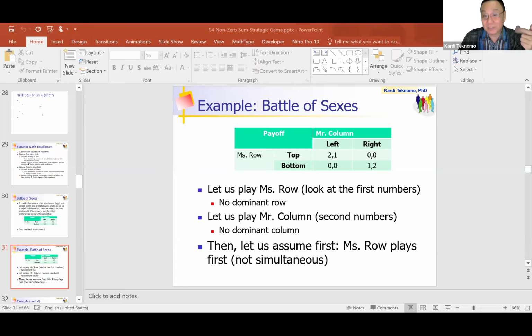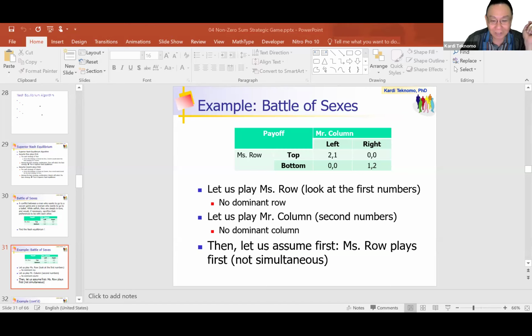This is 2 compared to 0, but this is 0 compared to 1. So no domination of the row, and you cannot use domination. Then let's check the domination of the column. Look at the second number also: 1 and 0, 0 and 2. So unfortunately, you cannot use iterative domination in this game. In that case, let's do Nash equilibrium. This is another technique.